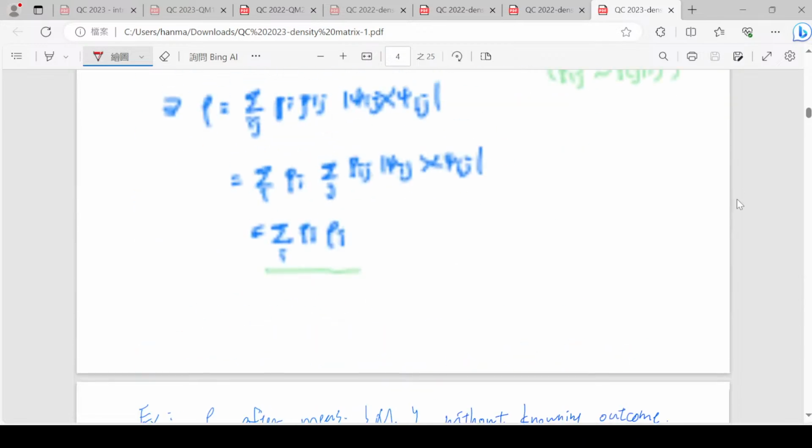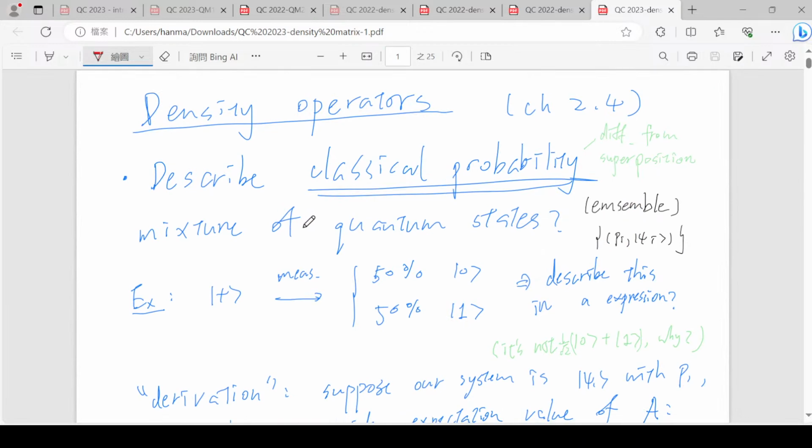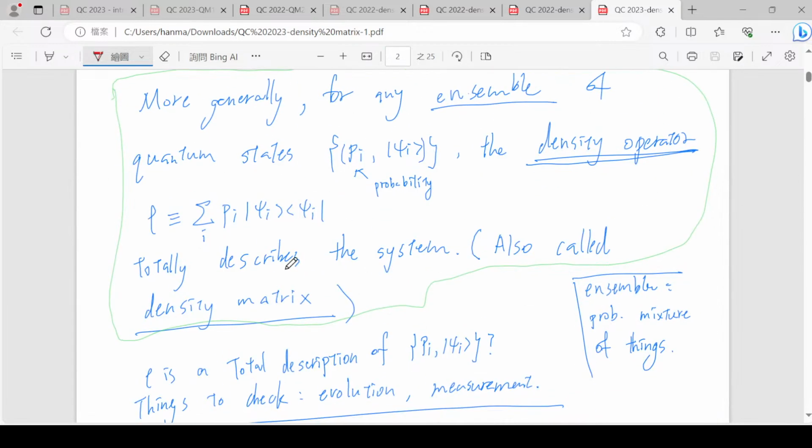So we say that this density matrix describes the ensemble of quantum states. We describe an ensemble of quantum states as pairs of some pure state and some probability, a probability mixture of pure states.